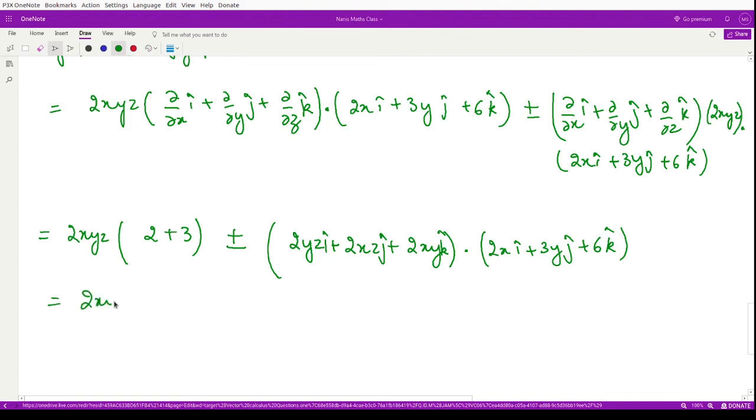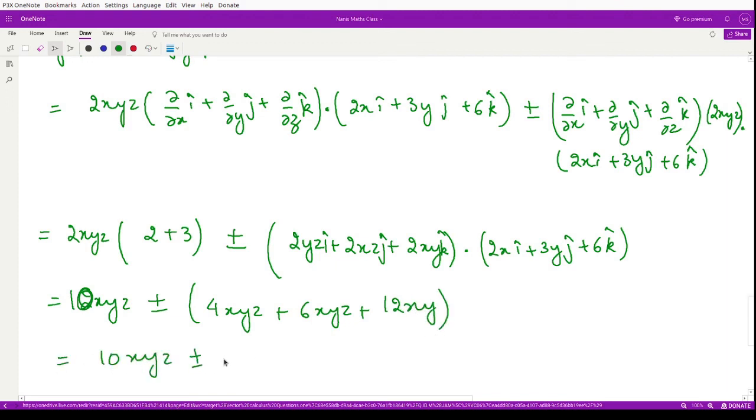So it is 2xyz into 5, so that is 10xyz plus minus, so it would be 4xyz plus 6xyz plus 12xy, right?